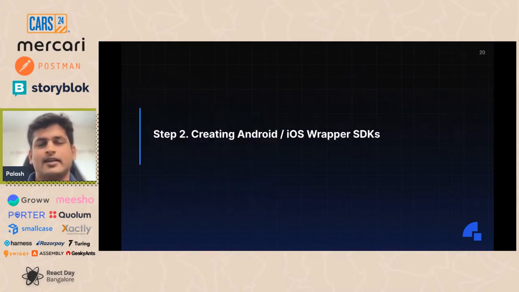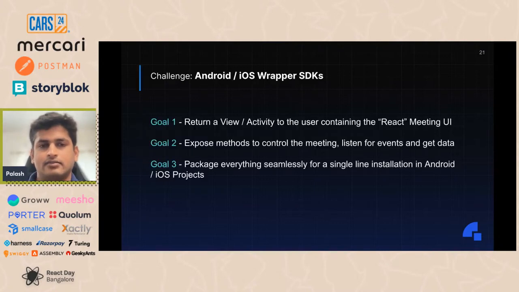Now the second part: now that we have a React Native SDK, our customers might also be using plain Java/Kotlin apps or iOS Swift/Objective-C apps. How do we give out this React Native SDK to clients not using React Native? We have three goals here.